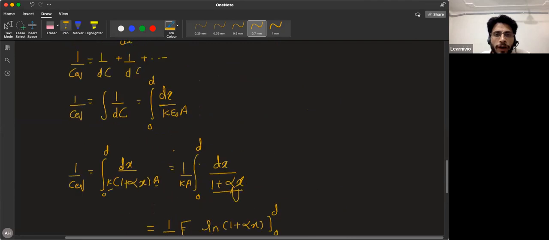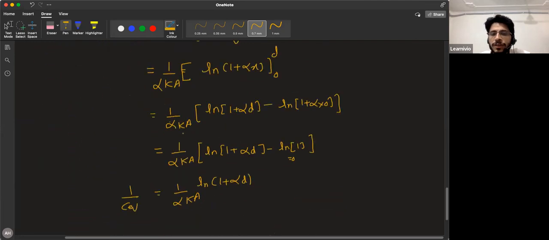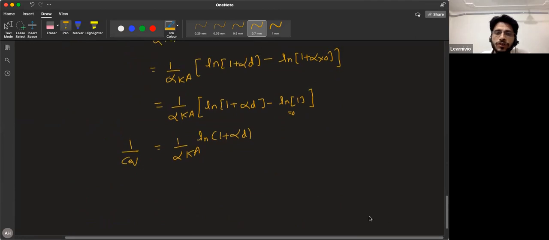Now, if you look at the options, there is no option with a log. That means we have to open the log series. Beyond this it is just mathematics.